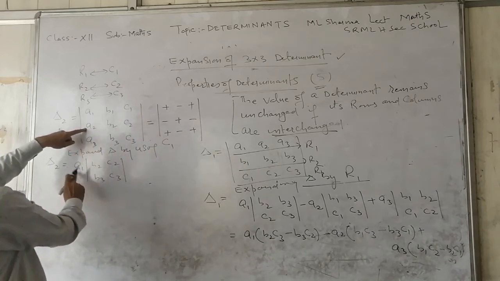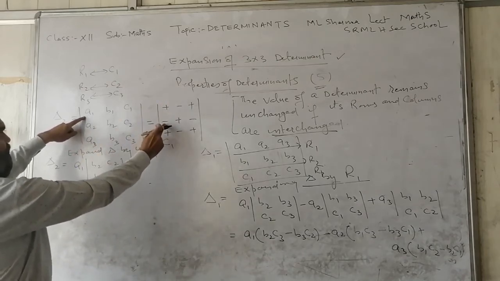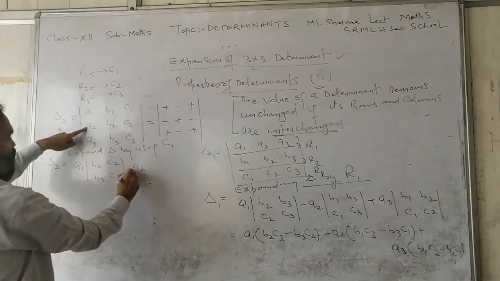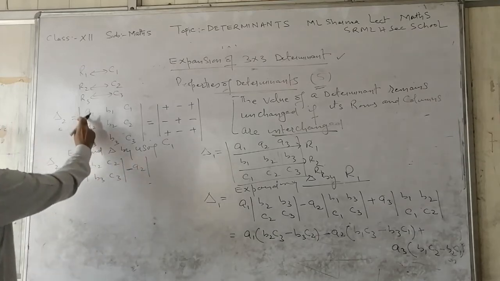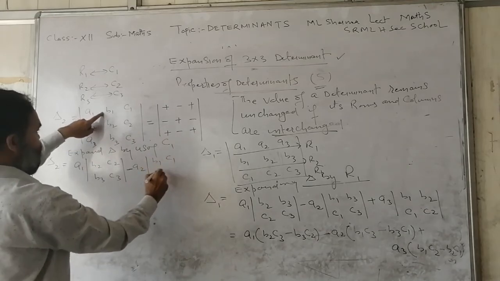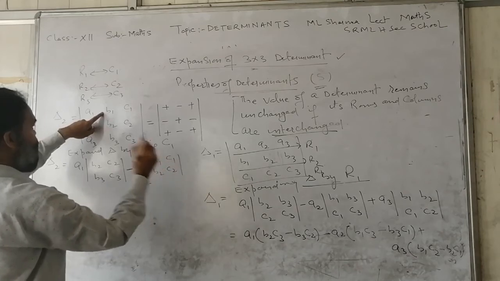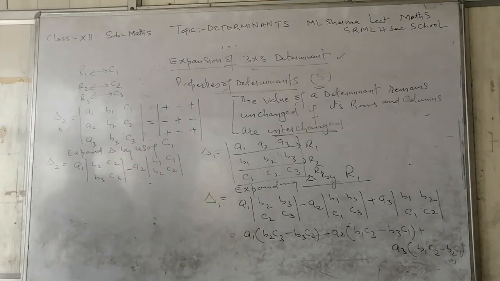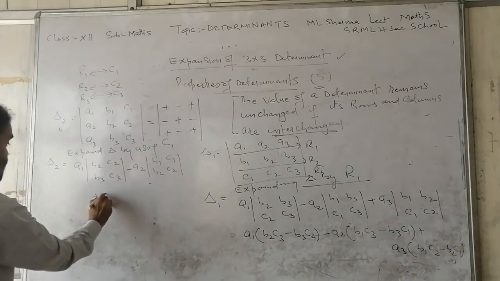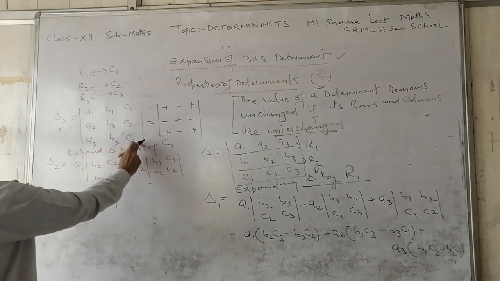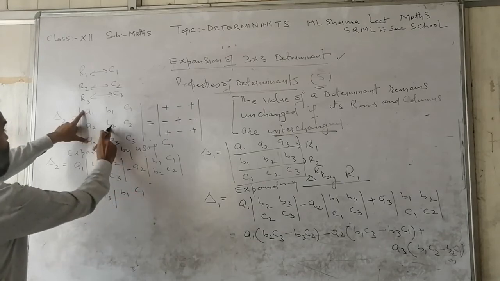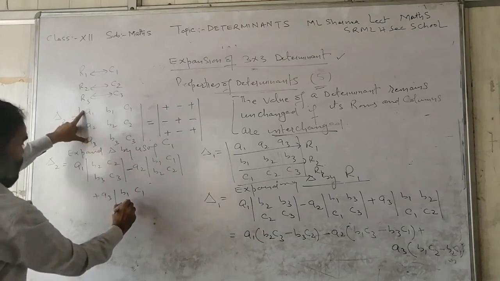If for this the sign is positive, then for this element the sign is negative. So I will write minus sign A2, this column and this row are deleted, and I will be left with B1, C1, B2, C2. Next, for this element A3, I will use plus sign. When this row and this column are deleted, I will be left with B1, C1, B2, C2.